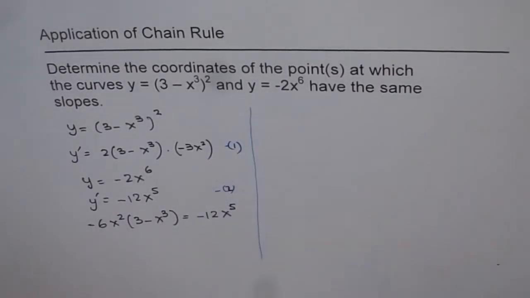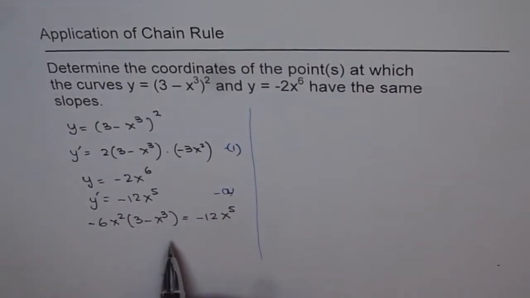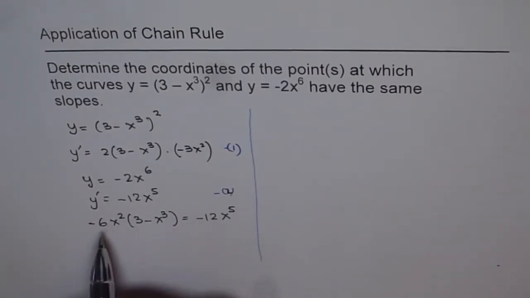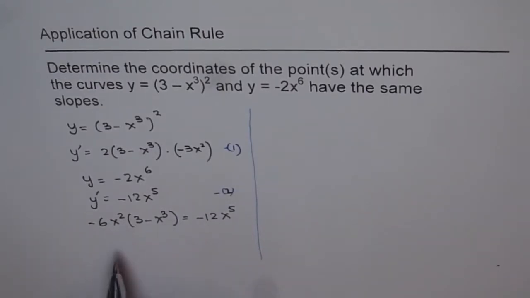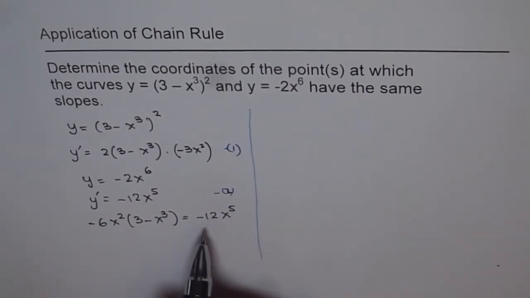So the strategy here should be to bring them together to one side and then solve, right? When you have to solve this equation, you open the brackets and bring the terms together. That is how you should be solving. So minus 12x to the power of 5 comes on this side.